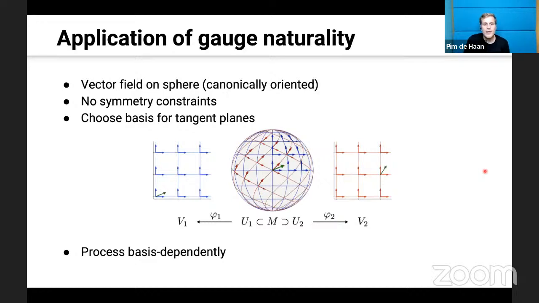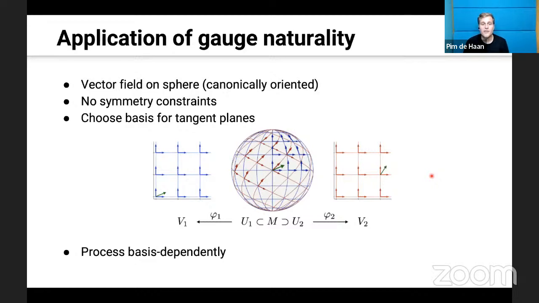But if we have vector fields on the sphere, we still need to choose a basis for the tangent planes. If we have a vector here, denoted by the green vector, we can choose a basis in which the green vector has some coefficients, or a basis in which it has other coefficients. Saying that we have such a natural transformation means that we apply a matrix on these kinds of signals, but the matrix can depend on the basis that we have chosen.